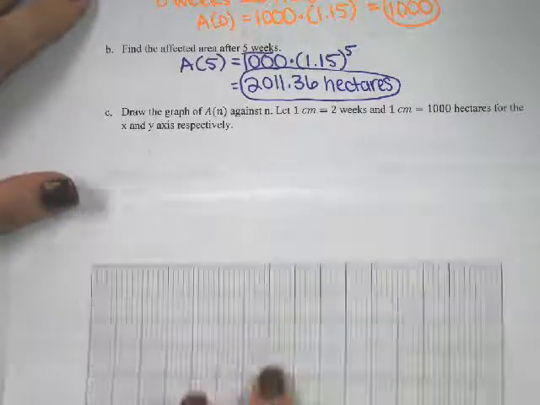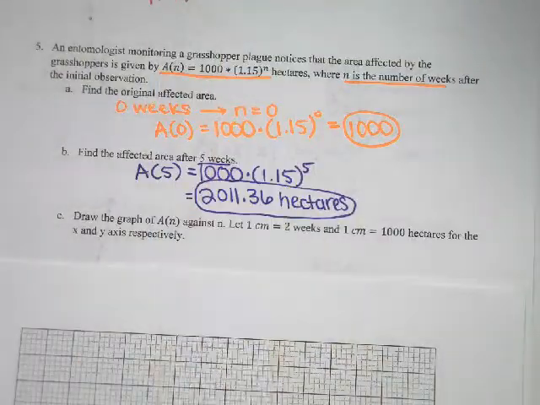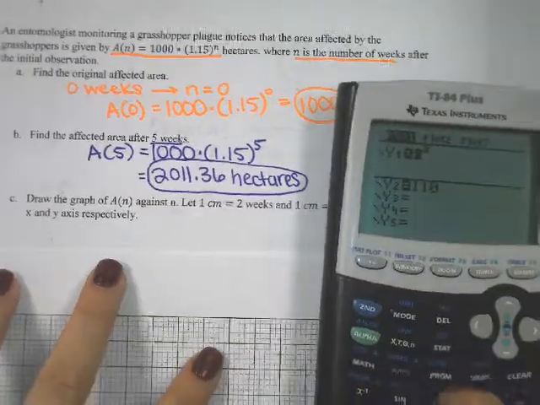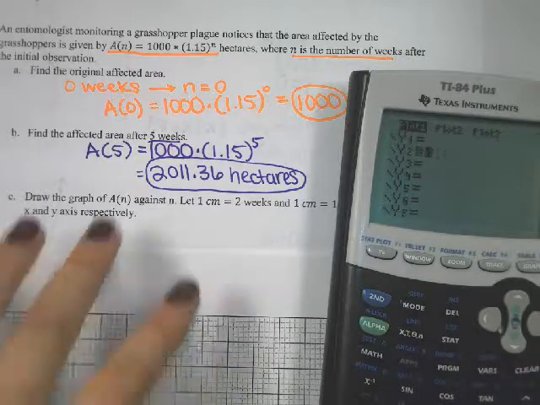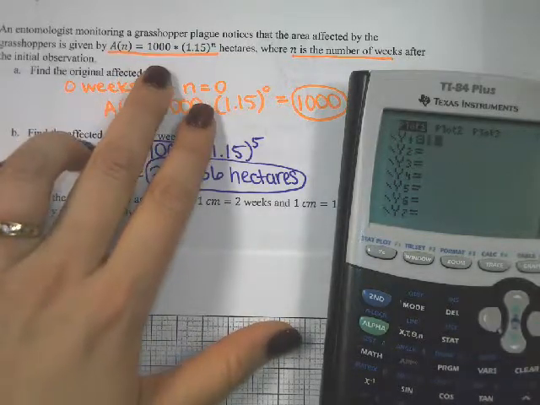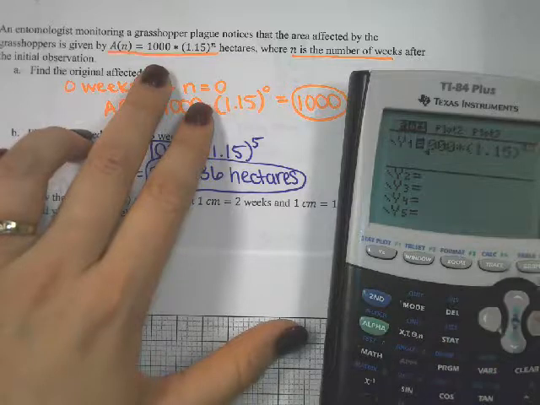So we want to graph this. I'm going to type this in my graphing calculator, even though my numbers are going to be pretty big, because it's going to generate a table for me, which is nice. So 1,000 times 1.15 to the x power.